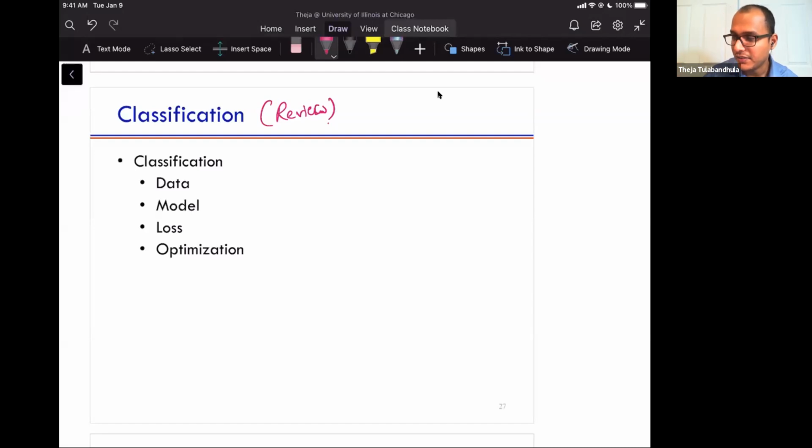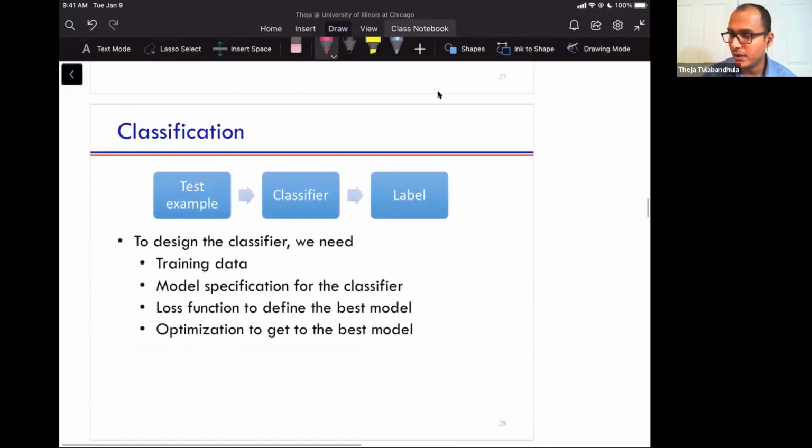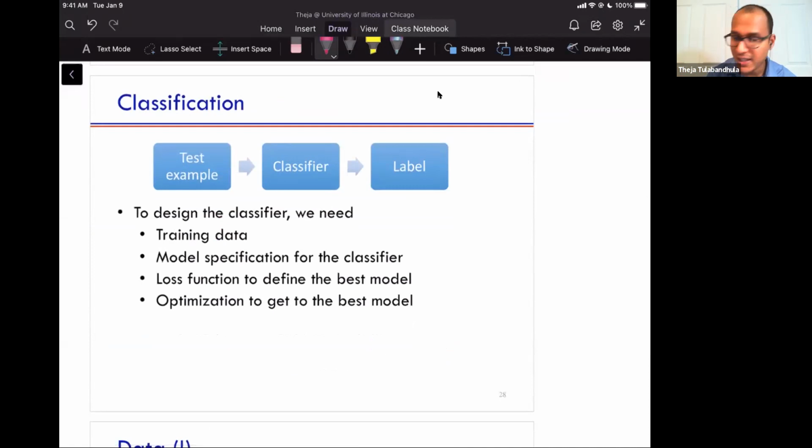Okay, so in classification, there are four levers that influence your process of building a classifier. Just to recap, in classification you want to build an object, in this case a classifier, such that for any new example or observation or feature vector, you should be able to give the right label that corresponds to it.